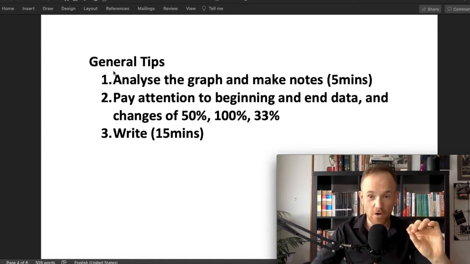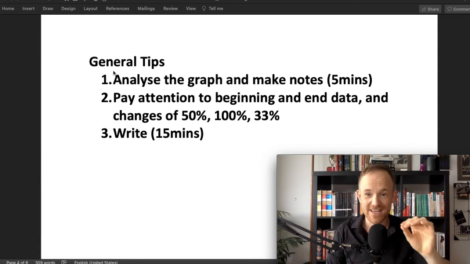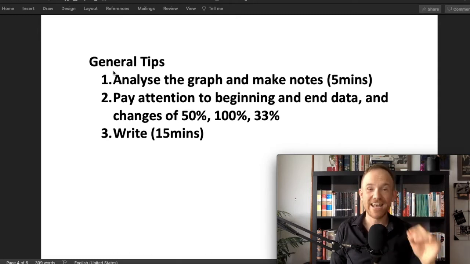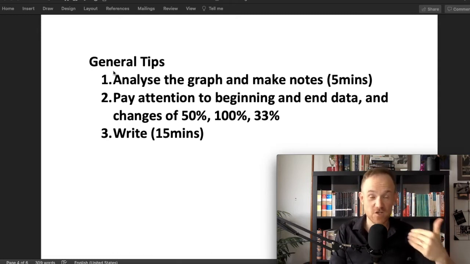Now, before we get into the graph, here are my tips. This is what I tell my students to do when preparing. It gets excellent results. First, analyze the graph and make notes. That is so important. 5 minutes. Now, I know a lot of teachers love to take 2 minutes quickly, then start writing.